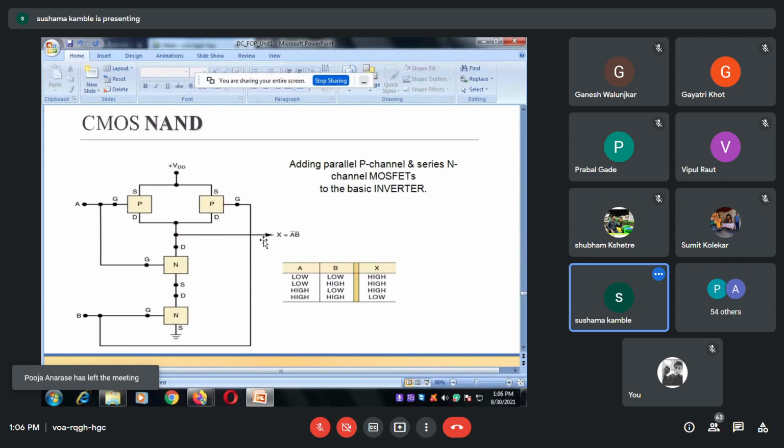That when we are getting output high and when we will get the output as low. अभी इनपुट क्या है वो छोड़ दो, सिर्फ आउटपुट हाई कब आएगा और लो कब आएगा?